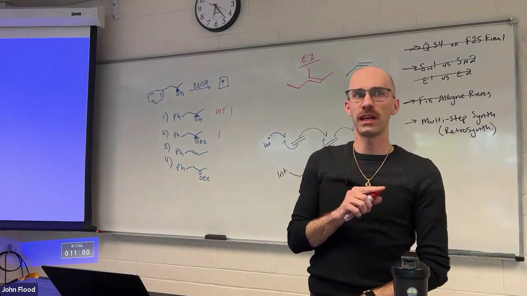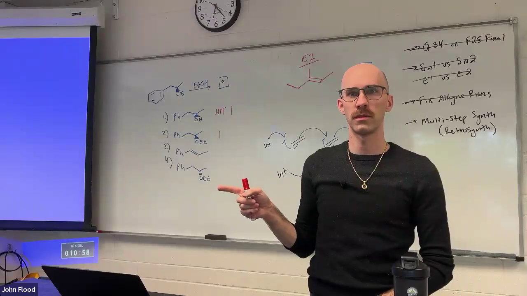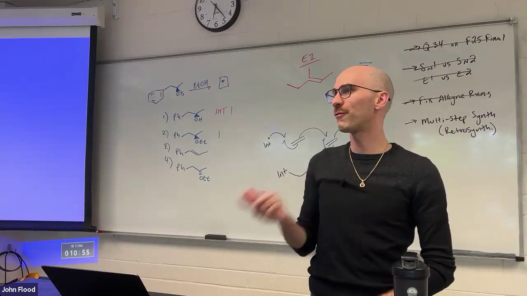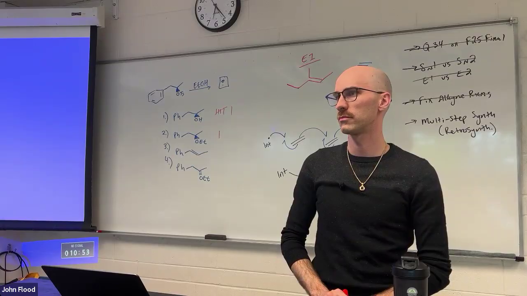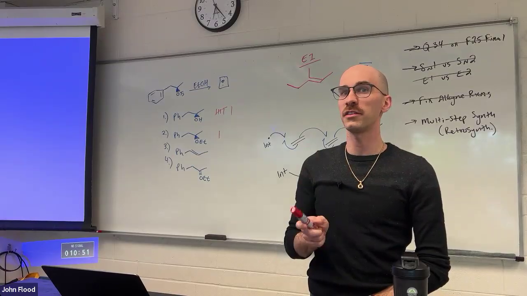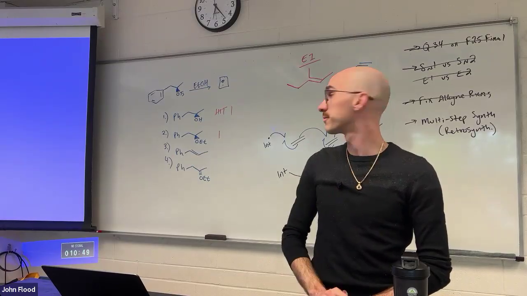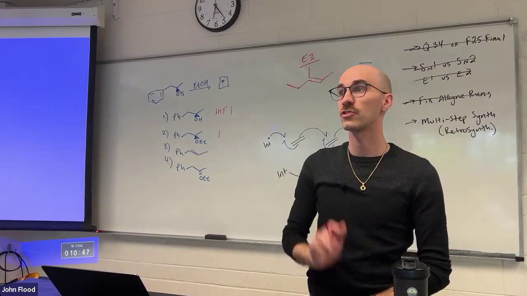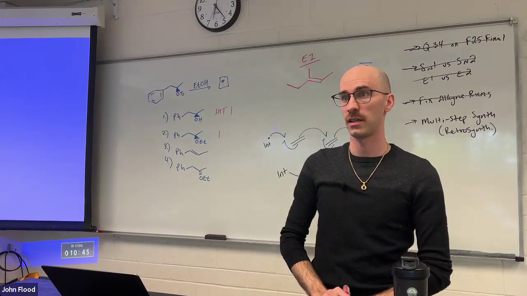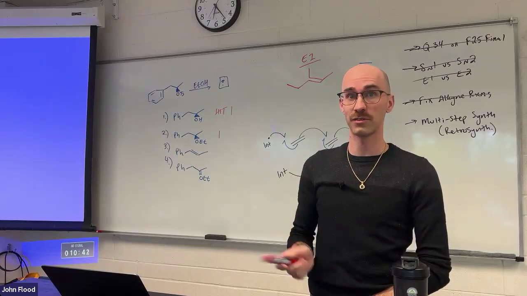If you're going to argue that two can form, then how can you argue that four won't? What's the difference between two and four? Just stereochemistry. They are enantiomers of each other.